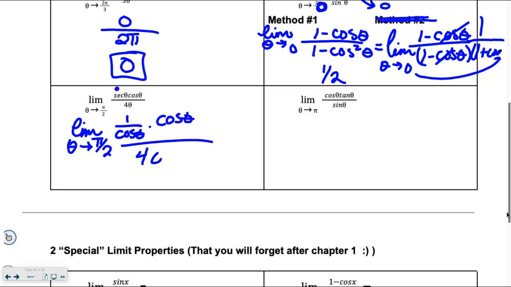And you might say, well, that's still 0 over 0. It is 0 over 0, but we always factor, cancel, and then replug. So I'm going to factor and then cancel, and then I replug the pi over 2 in. So on the top, I'd have the 1, and on the bottom, I would have 2 pi when I plug pi halves in for theta. And I arrive at my limit.